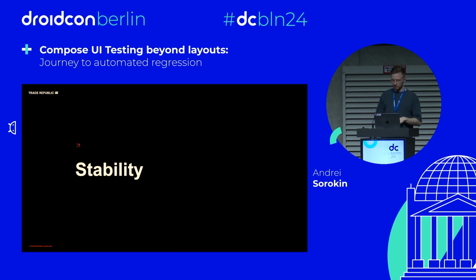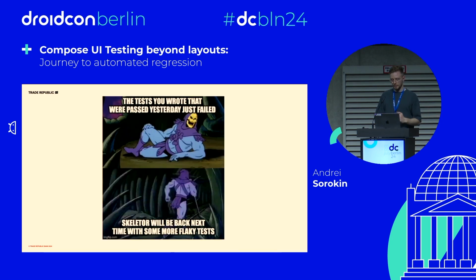So you have to think about stability in the first place. But you didn't see any idling resources or anything like that before. And tests are inherently flaky. Sometimes you didn't touch it for a week, and then suddenly it fails all the time, right? You need to write them in a way that they are more stable.